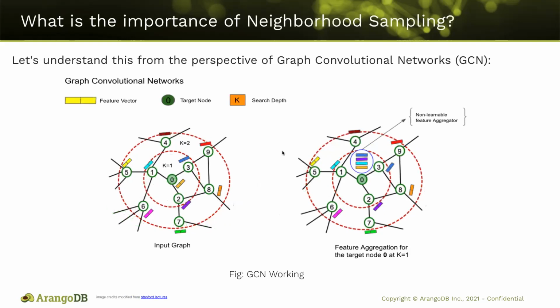So this is how the GCN at K equals 1 works: extracting the feature vectors from the K-1 layer, pulling them up, and then performing a mean over these feature vectors along with its own features.